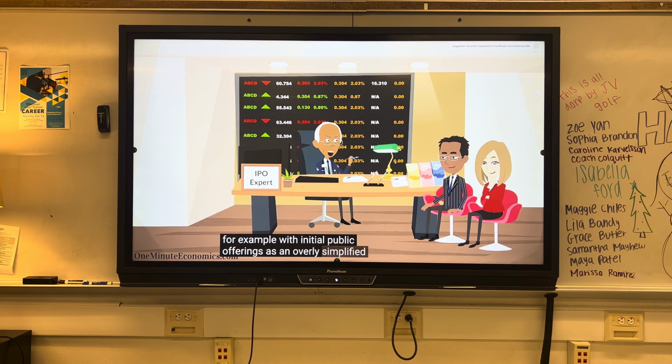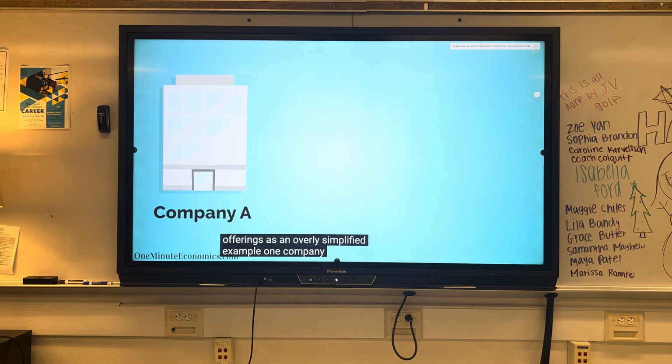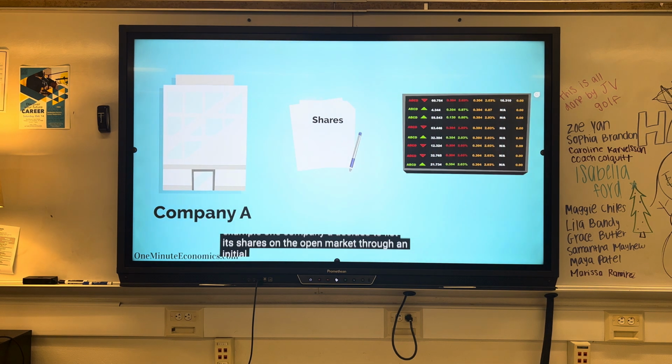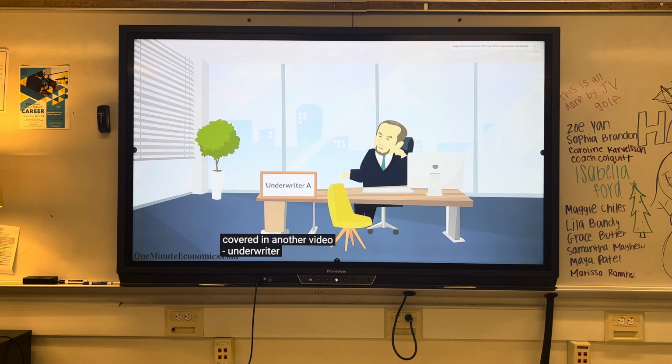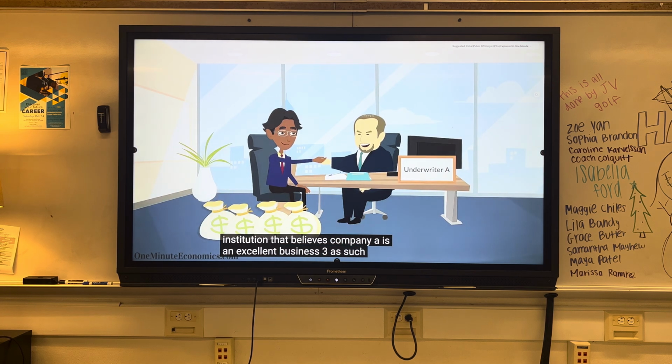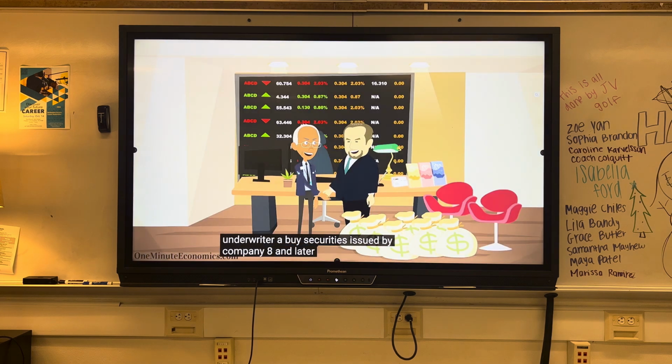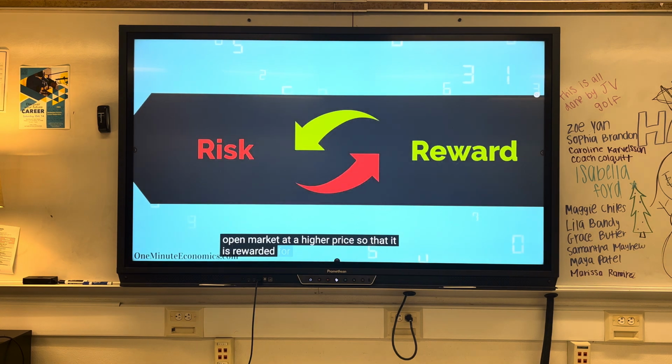As an overly simplified example: 1. Company A decides to list its shares on the open market through an initial public offering, a concept covered in another video. 2. Underwriter A is a major financial institution that believes Company A is an excellent business. 3. As such, Underwriter A buys securities issued by Company A and later sells them on the open market at a higher price, so that it is rewarded for taking on risk.